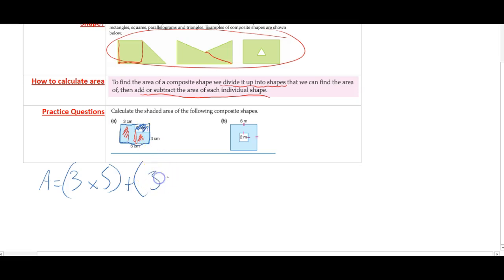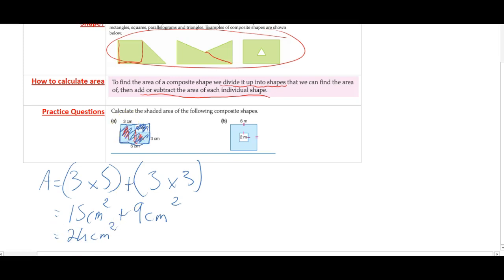So we have 3 centimeters by 3 centimeters. So now I have the area of the two shapes and I add them together to get my total. 3 times 5 is 15 centimeters squared, plus 3 times 3 is 9 centimeters squared. Add them together and you will get 24 centimeters squared. So that's the area of this part in here.